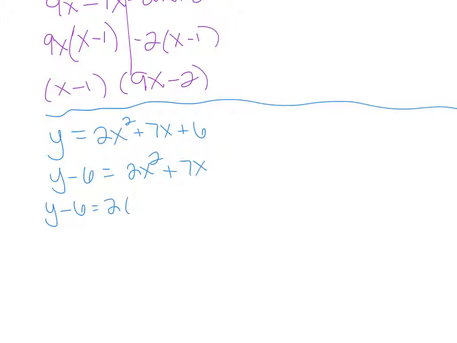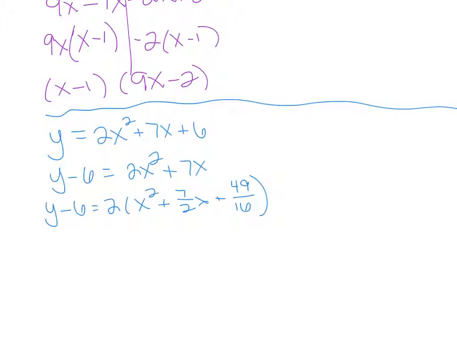I'm left with x squared plus 7 halves x. I'm going to add b divided by 2 squared, so 7 halves divided by 2 would be 7 fourths. Squared would be 49 sixteenths.